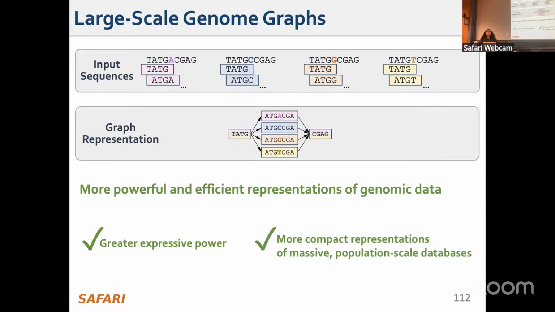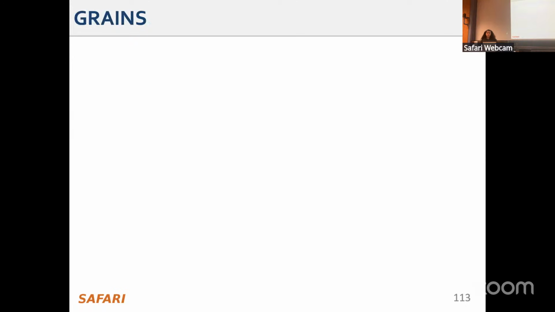So if we want to do some analysis across the whole population and want to encode genomic data of every single person, then such graph-based representations have been very fundamental in enabling this type of analysis.